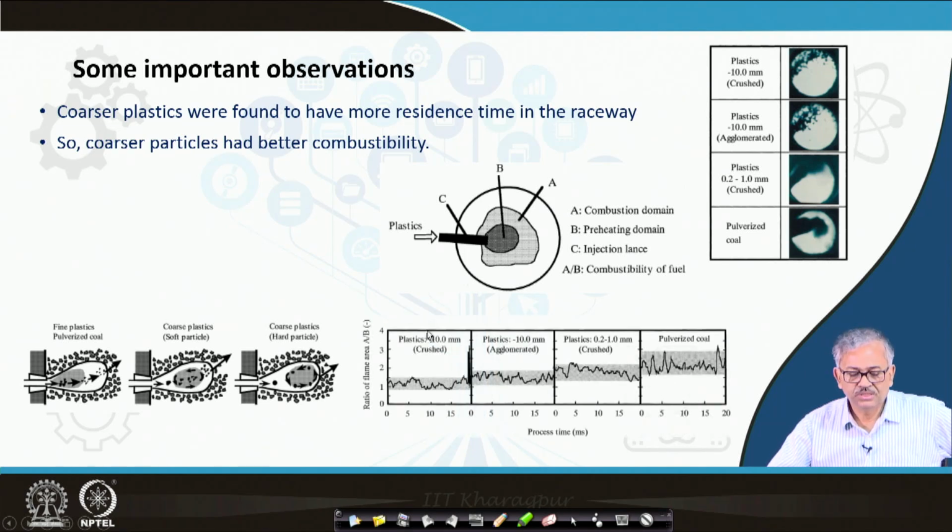And then they have a picture you can find: bigger plastic, minus 10 millimeter, has less combustibility, and agglomerated plastic has a little higher combustibility, but still lower. And then crushed plastic in the range of 0.2 to 1 millimeter has further higher combustibility.